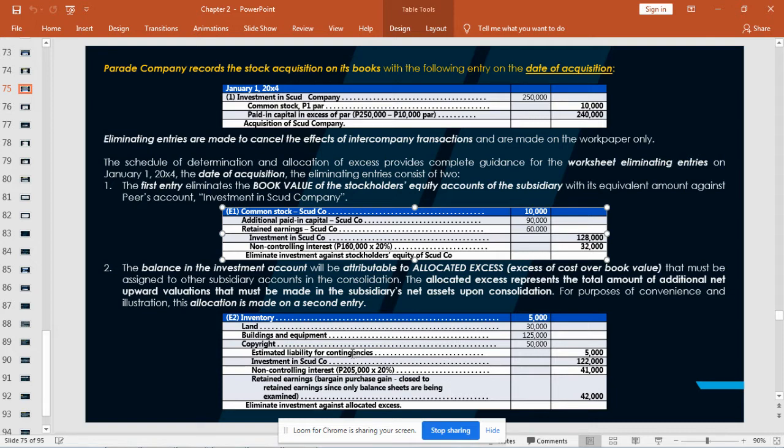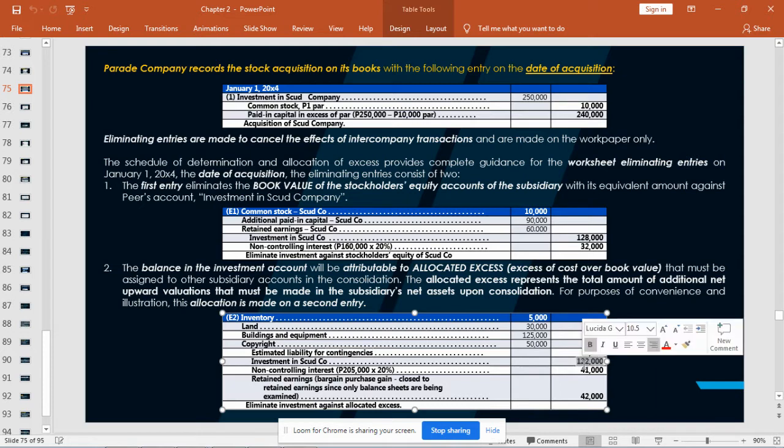However, we have an increase in the contingent liability of 5,000. Okay, so debit 5,000. Then credit yung ating remainder ng ating investment account, or yung 80%.